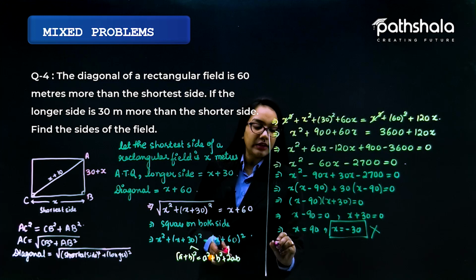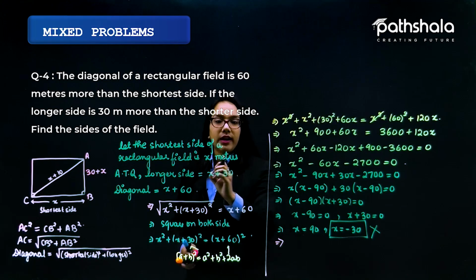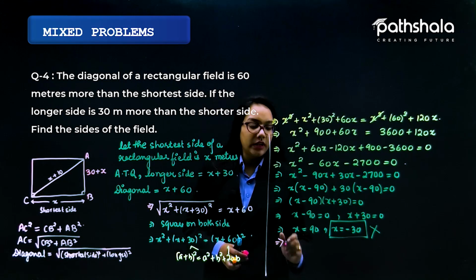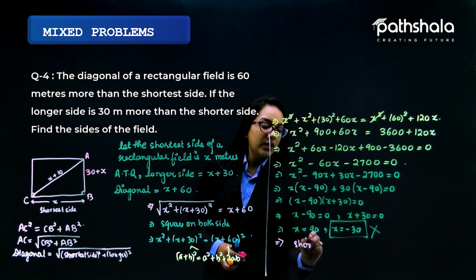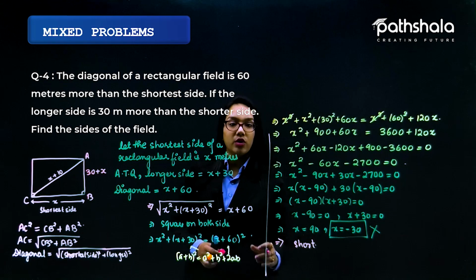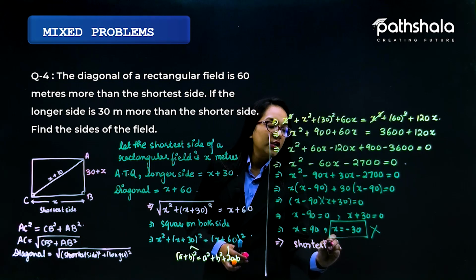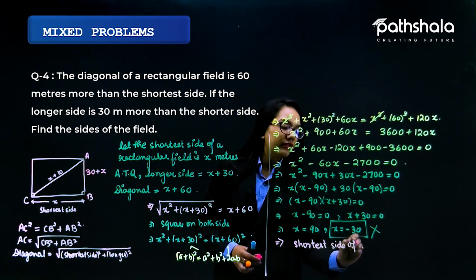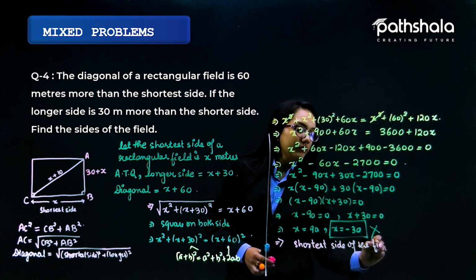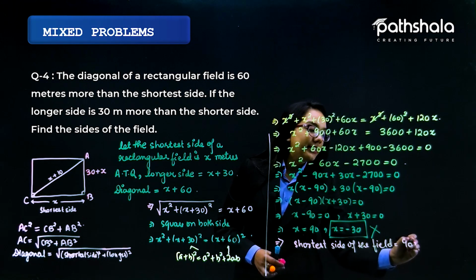So at the end, what we are getting is that the shorter side of the field is nothing but 90 meters.